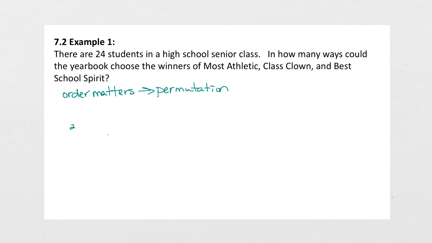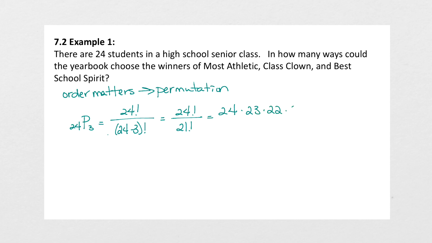So there's 24 total, P, and we want 3. So on the top goes the 24 factorial, and on the bottom we have 24 minus 3 factorial. I'll go ahead and subtract on the bottom. And the way I do this is I multiply until we get to the bottom's factorial, 21 factorial.